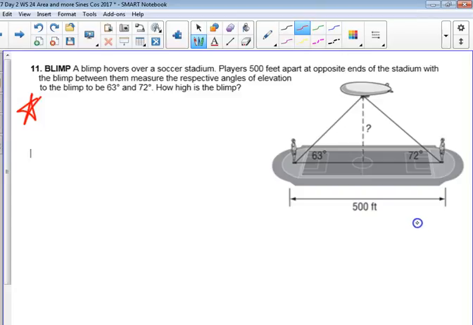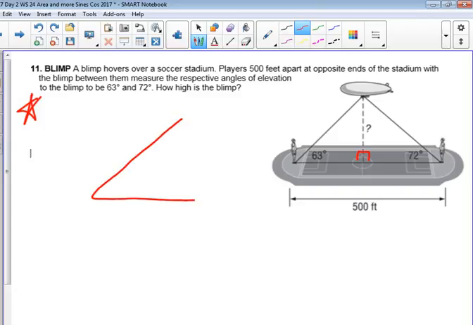No. That's what students want to assume. Can we find this angle up here? Is this angle cut in half equally? No. Because these are 90s, this half would be like 27 and this half would be like 18 or something. They're not the same, right?